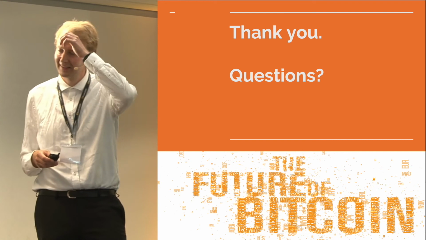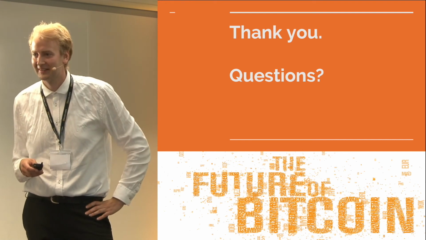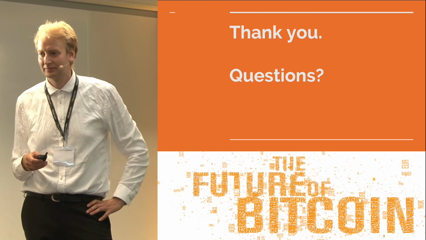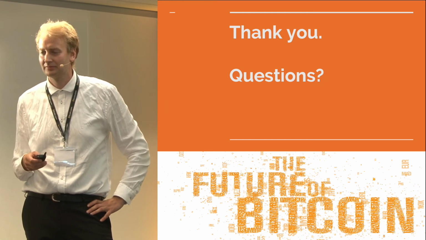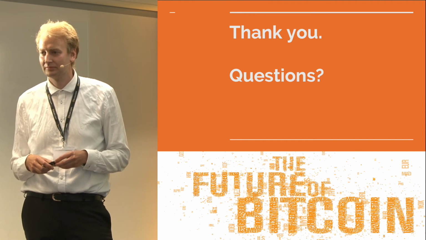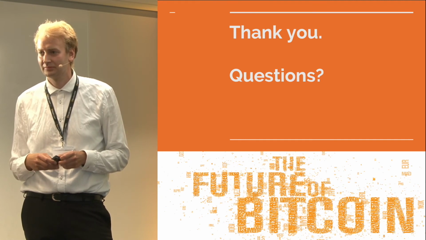Sorry. So the problem we have now is a 1 megabyte limit. Yes. And 100% of miners support that limit, and we have a Nash equilibrium where no one can win by breaking from that cartel. So the cartel is in place, and miners enforce it.